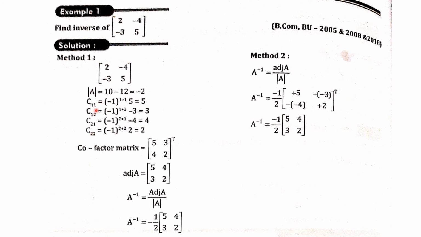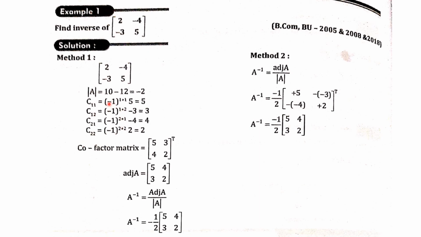For every number you will find the cofactor: first the cofactor of 2, next of minus 4, next of minus 3, and next of 5. As already told, either you can use minus 1 to the power of i plus j, or else I have told you the method, that is plus minus minus plus. These will be the symbols.